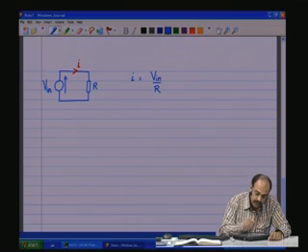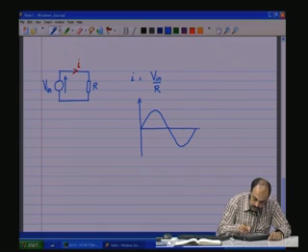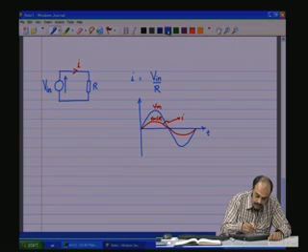So, therefore, instant by instant, if I had V in which was like that, with respect to time, that is the temporal coordinates, then I would be in phase with V, and if this peak were V m, this would be V m by R. And this is the I waveform, this is the V waveform.